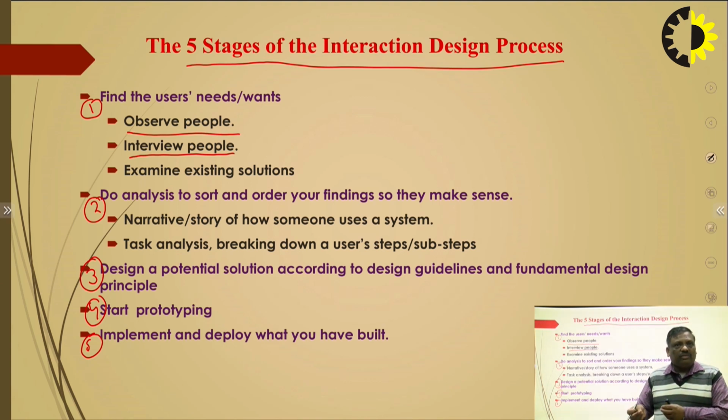If we collect all the requirements from the user side, observe them, then examine existing solutions. Maybe we have a number of solutions for this, and we analyze and examine them, and then after the research we find new solutions or maybe some additions. So we examine existing solutions and create a new type of project.